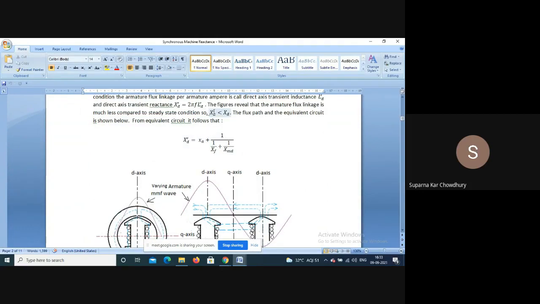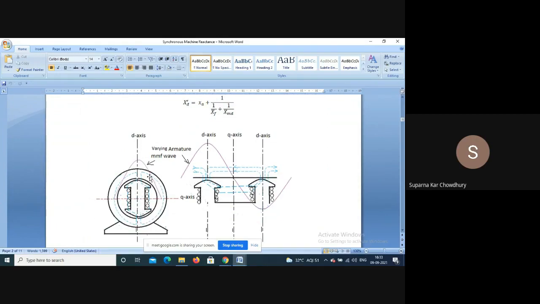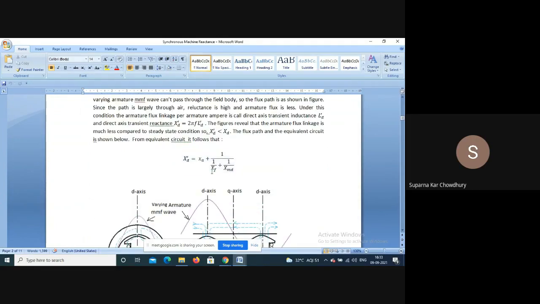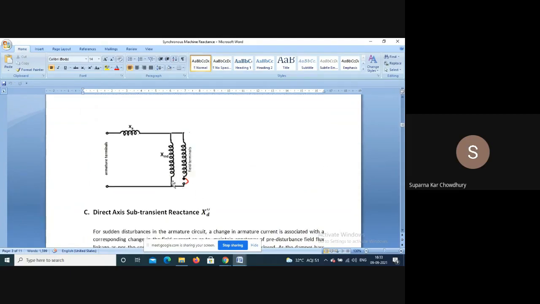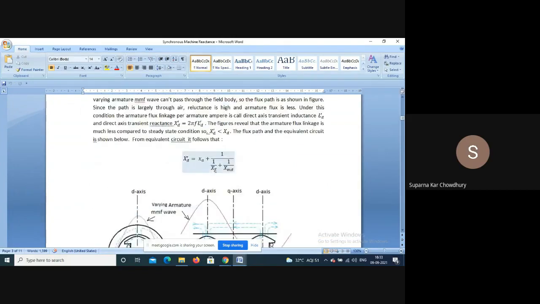So XD dashed will be less than XD. As the field is linked with the armature, the field will appear to be closed. So our equivalent circuit will look like this: XDM and XF, the field inductance, in parallel, and this in series with XA. So XD dashed will obviously be less than XD.